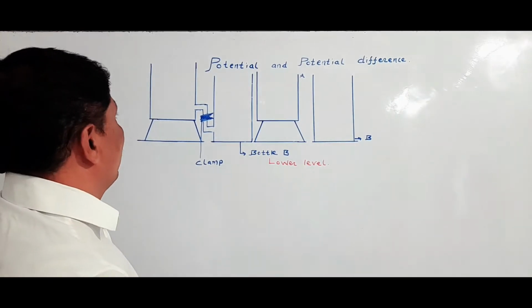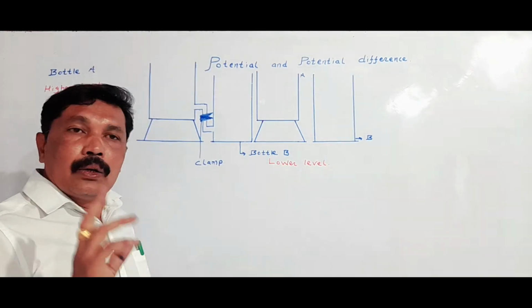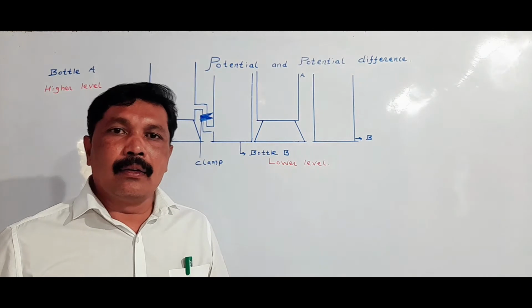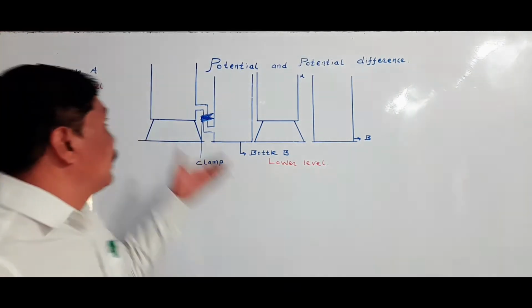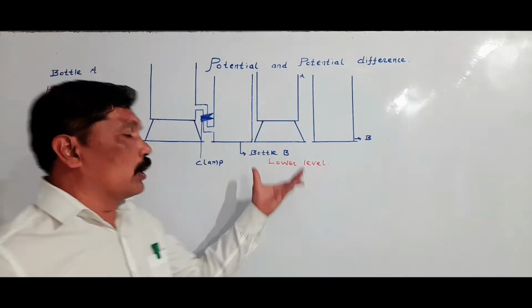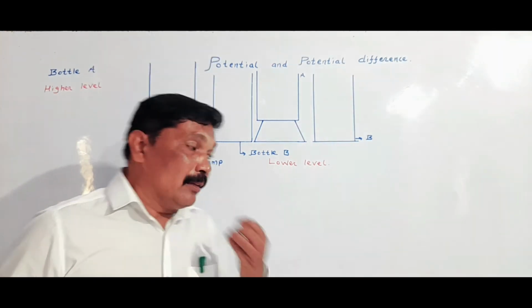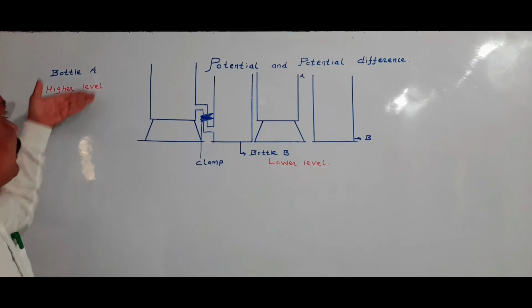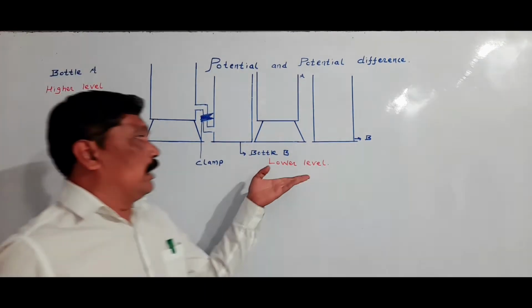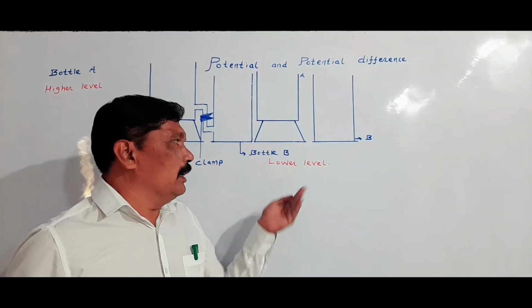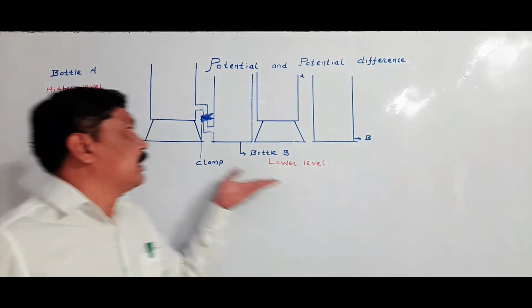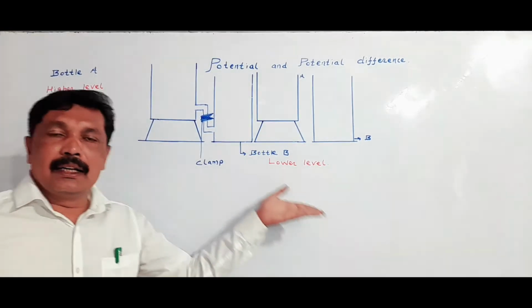My dear student, if we take two plastic bottles, say plastic bottle A and plastic bottle B. Plastic bottle A is kept at higher level and plastic bottle B is kept at lower level as shown in the diagram.